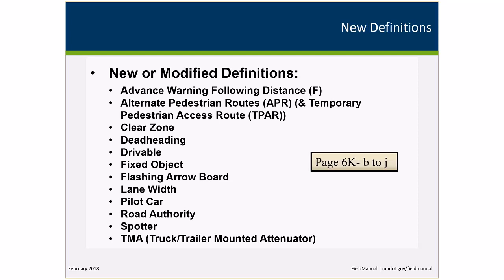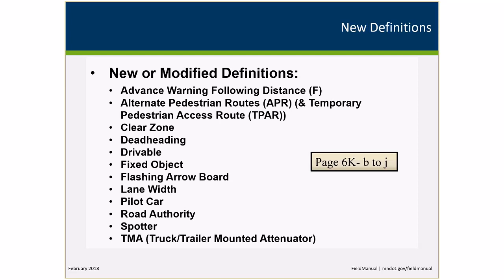We've added some language in the field manual overall related to clear zones and fixed objects and roadside safety. There's a section on roadside safety that I'll talk about in a little bit that'll go into more detail here, but we really didn't have a definition of clear zone in the field manual. The MnMUTCD itself requires making sure that roadside safety is a consideration as you're setting up your work zone, but there was no guidance in the field manual on how to do that.